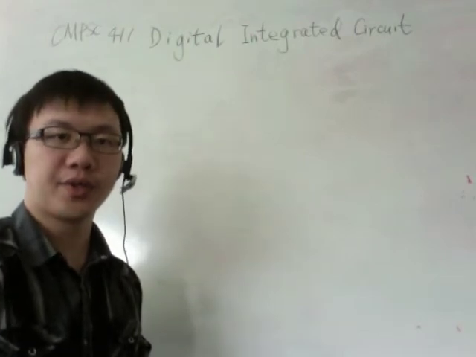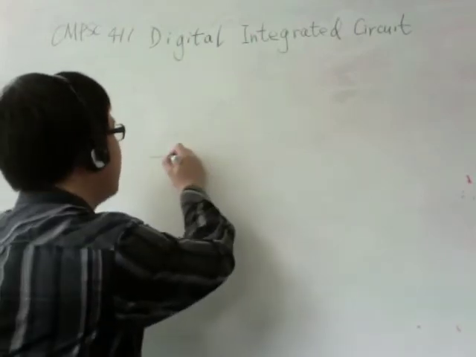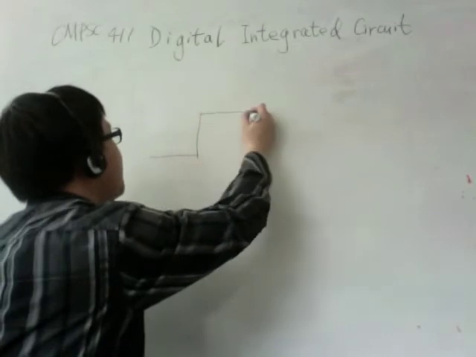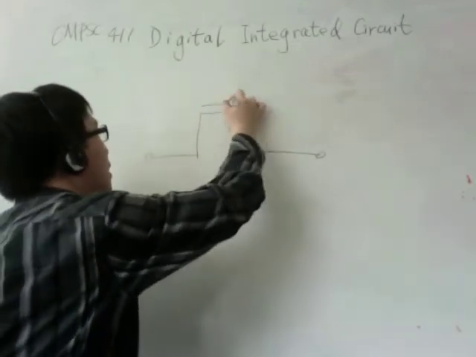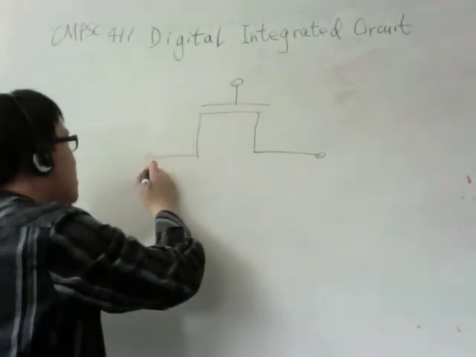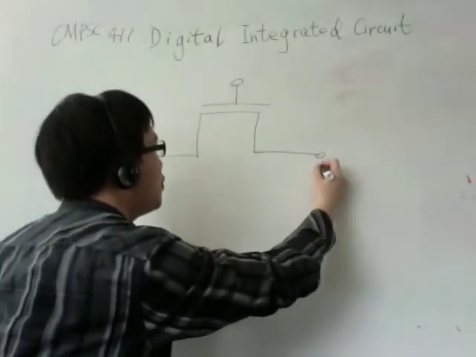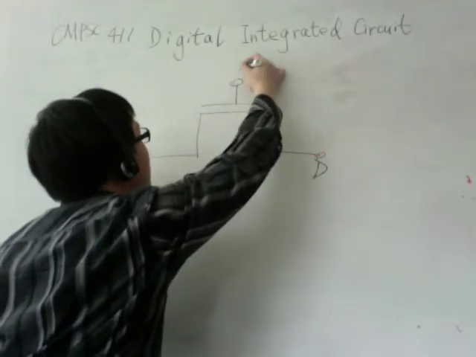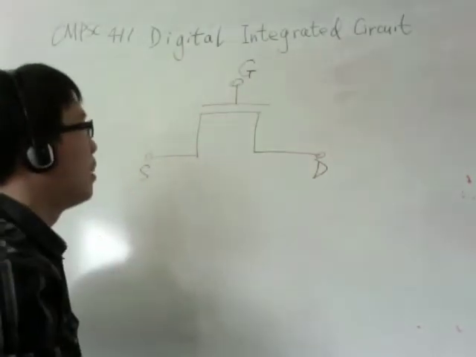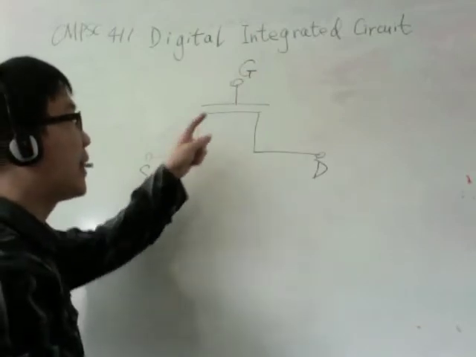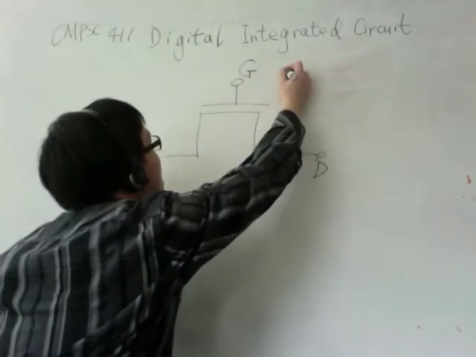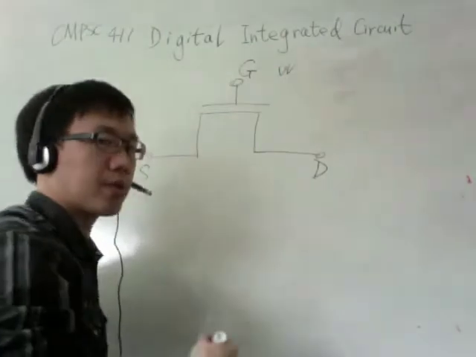And what does a transistor look like? It looks like this. A transistor is basically a three-terminal device: a terminal source, a terminal drain, and a terminal gate. When the transistor is not working, the gate is connected to zero voltage, or grounded.